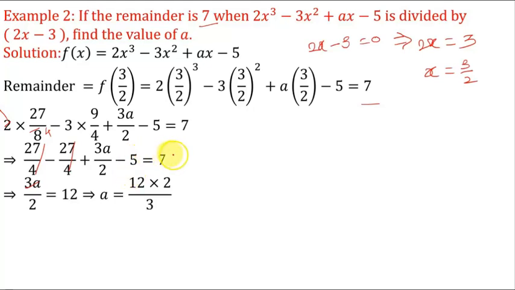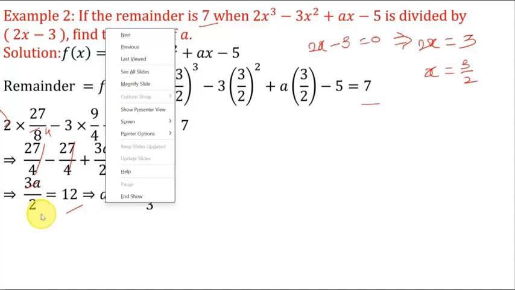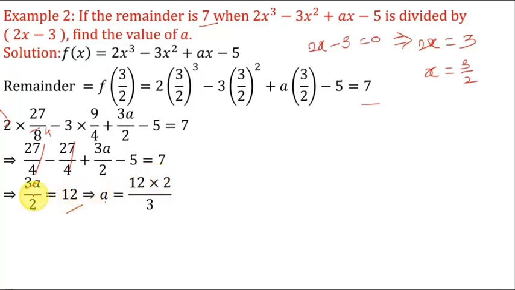Shift this minus 5 to the right hand side, it will become plus 7 plus 5, we have 12 here. Hence a is equal to, this 2 is multiplied to 12 and 3 will be divided to the product of these two terms. 3 1s are 1 and 3 4s are 12. 4 into 2, then the value of a is equal to 8 and this is the answer.